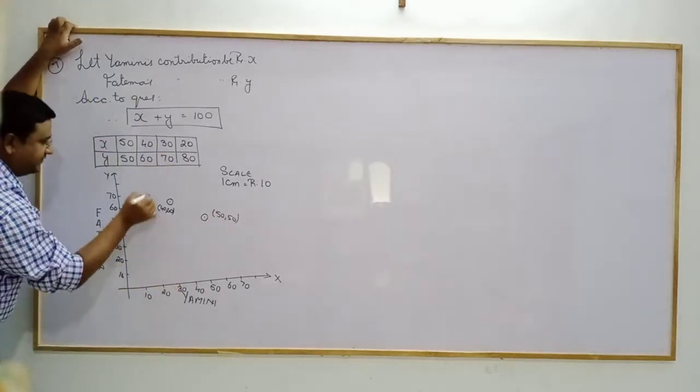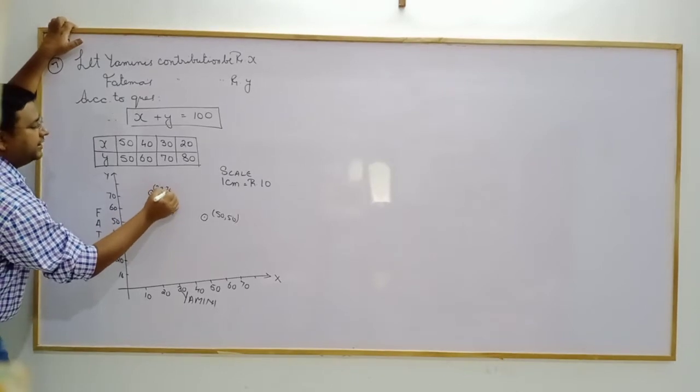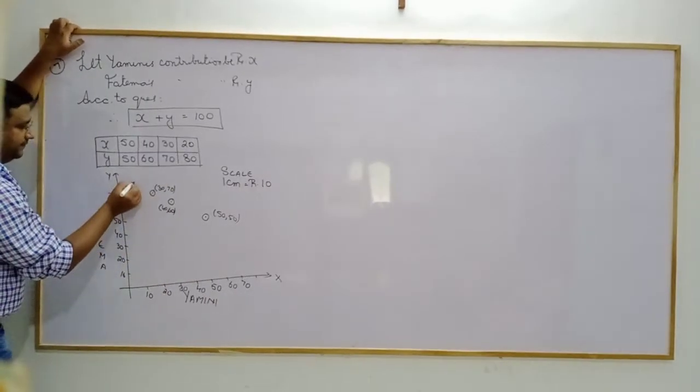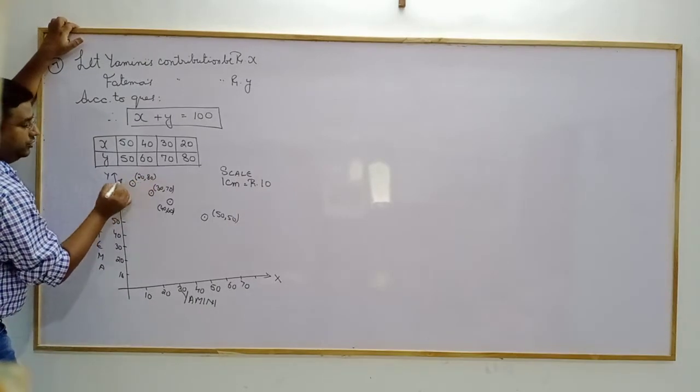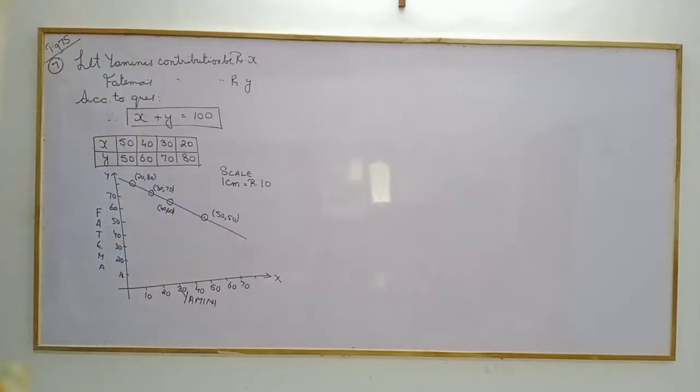X 30, Y 70. Can you see? 20, 80. X is 20, Y is 80. You will get a straight line. So this is their contribution. Can you see it is represented by a straight line? Because it is a linear equation in two variables.